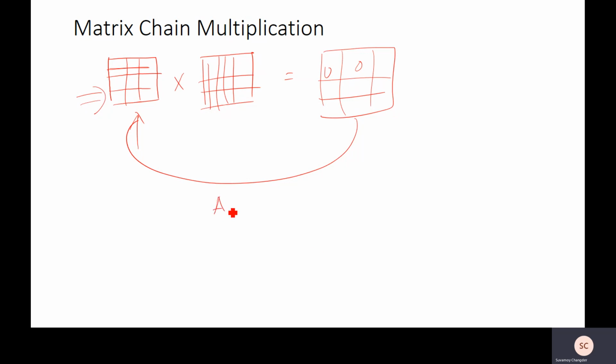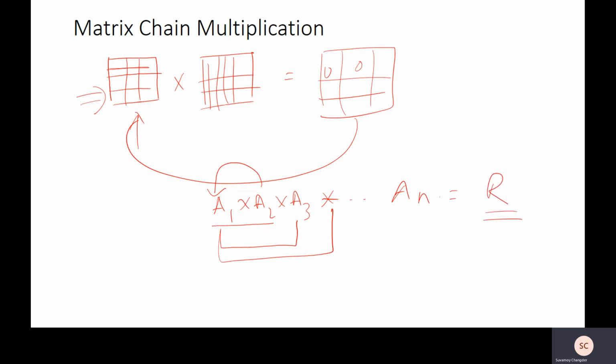So if I have a chain like A1, A2, A3, and so on up to An, first we will multiply A1, A2, we will save the result into A1, then we will multiply A1, A3, then again we will save the result in A1, again A1, A4, and so on. In this way we will get a resultant matrix. So in this way we can multiply a chain of matrices, right?